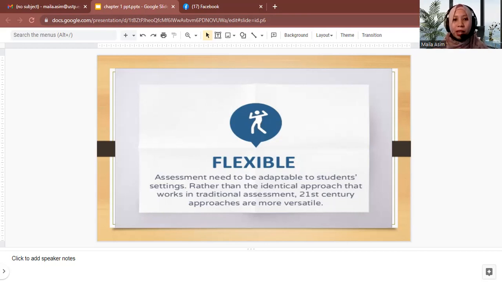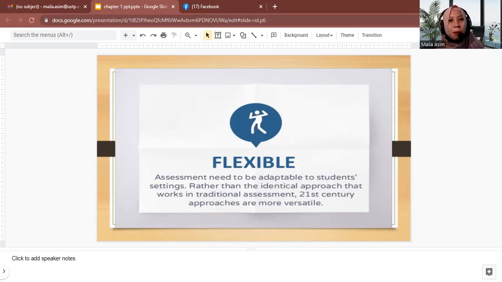Of course, you have to think for an assessment that will adapt to the student situations and settings. Kung may settings, asa sila dapat tagapuyo, unsay lang ipuyan, unsay lang situations sa life, or unsay ang diagnosis as a student. No? So that is being flexible.